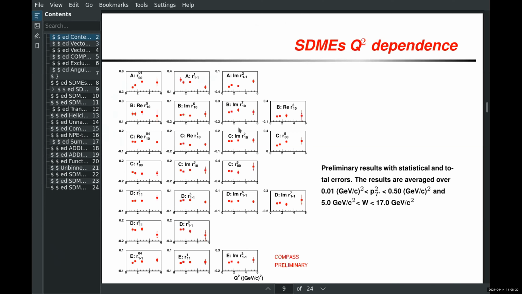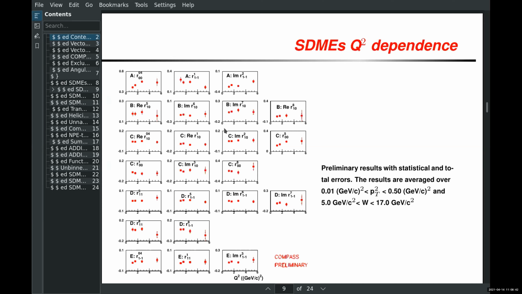We draw your attention to r^5_00, where we see some dependence on Q square. It is connected with class C and class B.